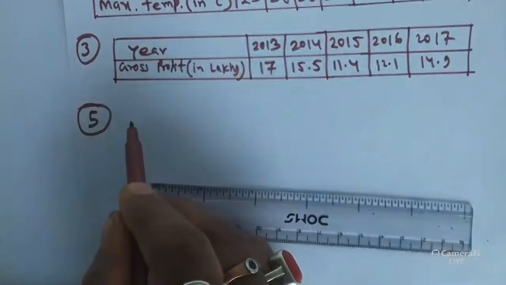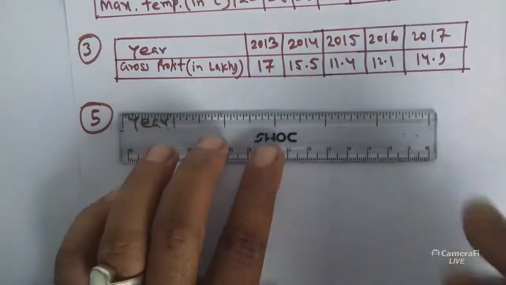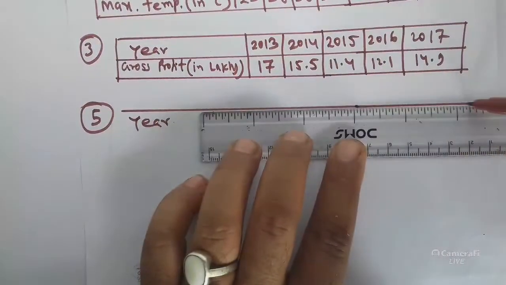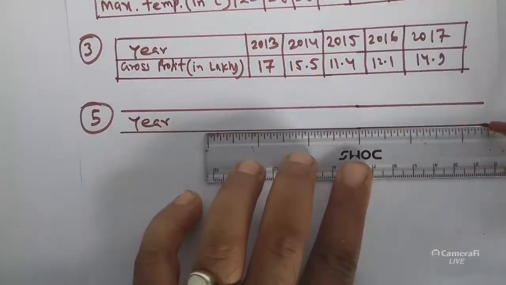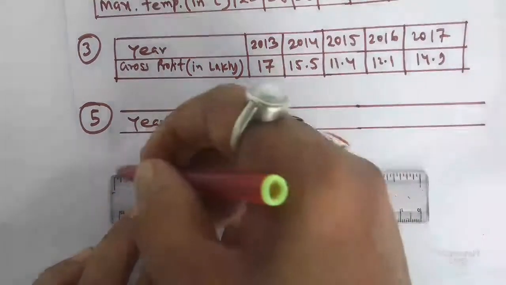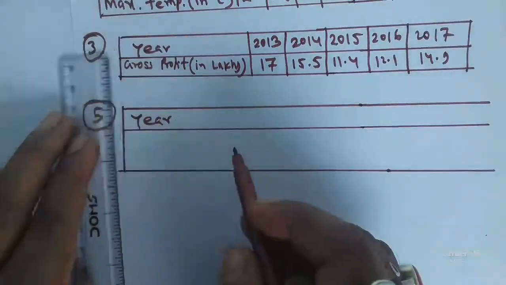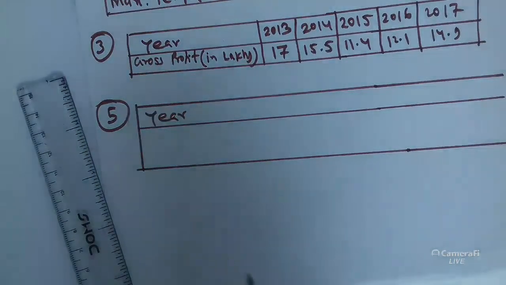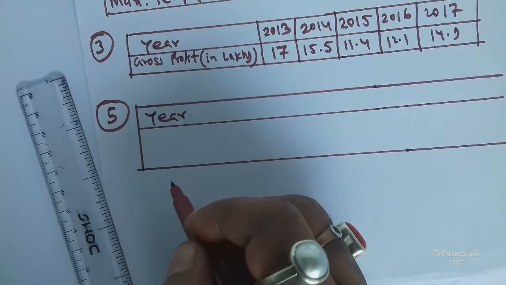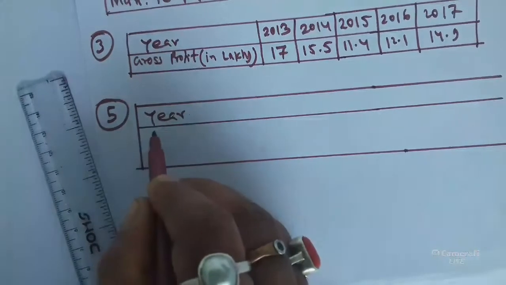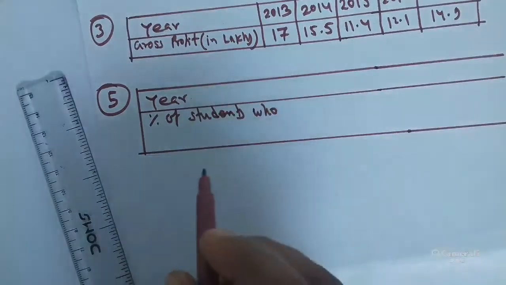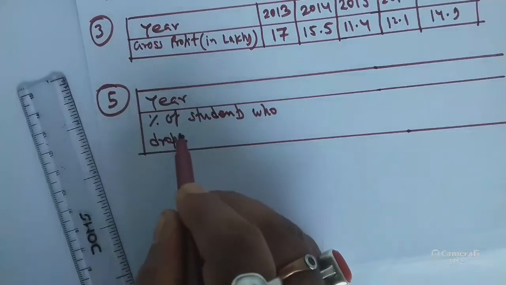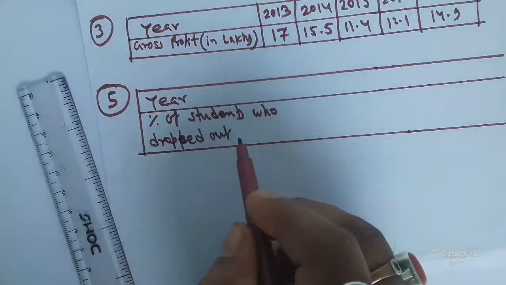So first one is year, and it is percentage of students who dropped out of school.